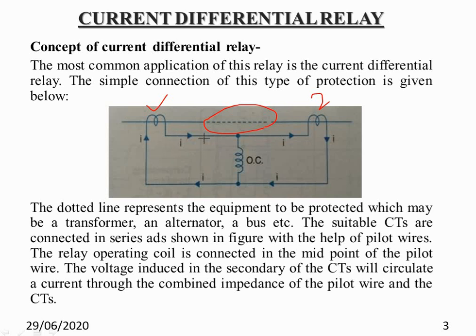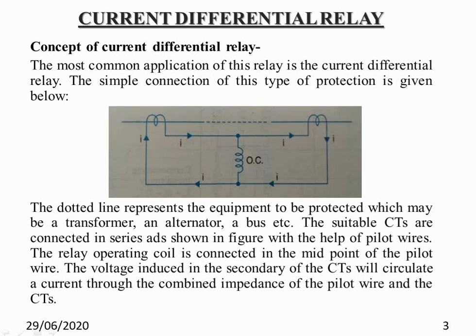The wires where you can see the arrow line are called the pilot wire. Here OC is written. This OC represents the operating coil of the relay. That means the relay operating coil is connected at the midpoint of the pilot wire. Now, how this operation goes on, I will explain now.